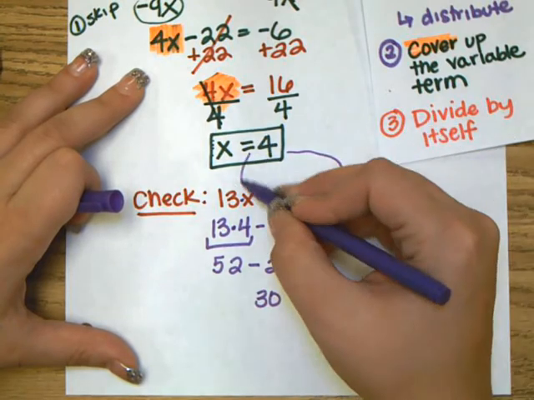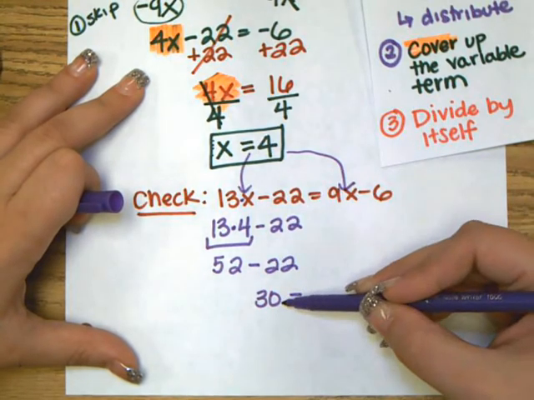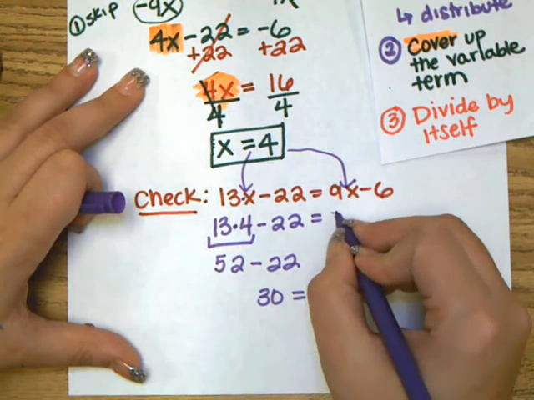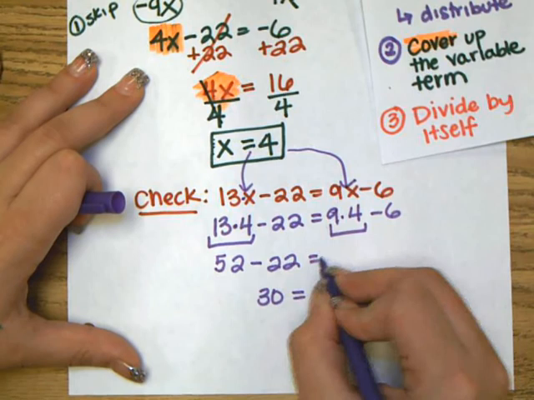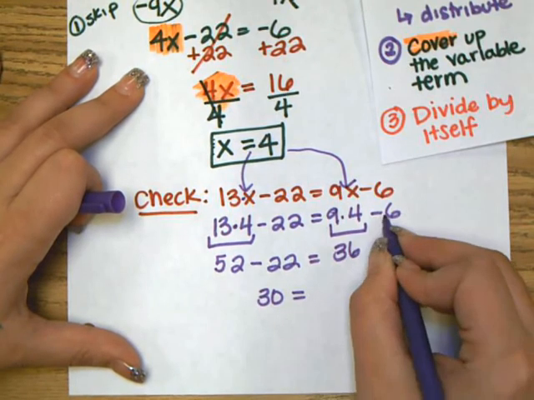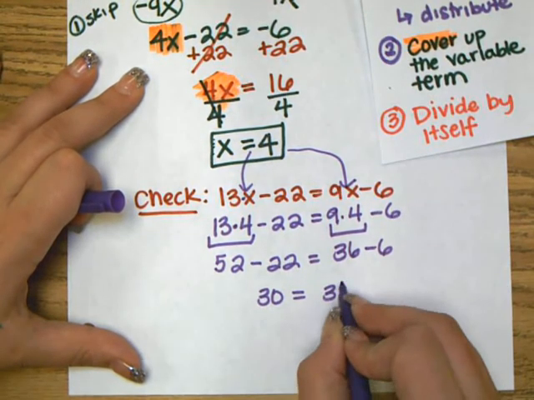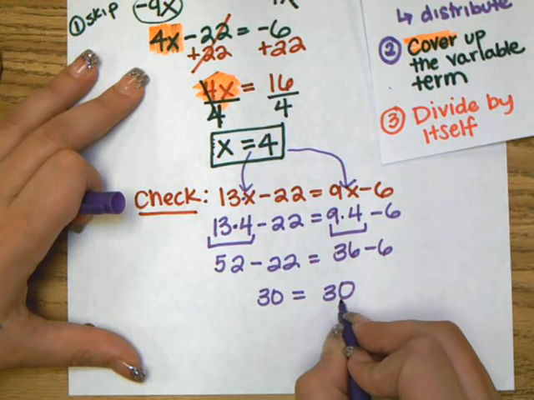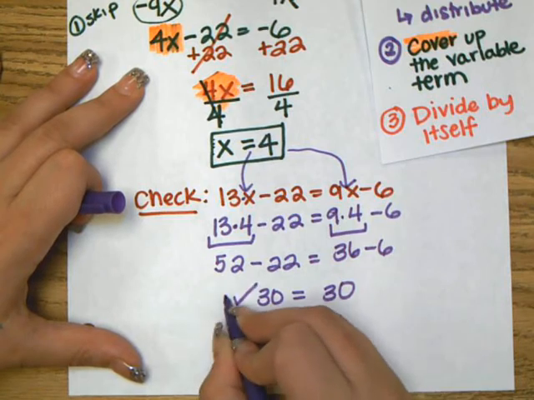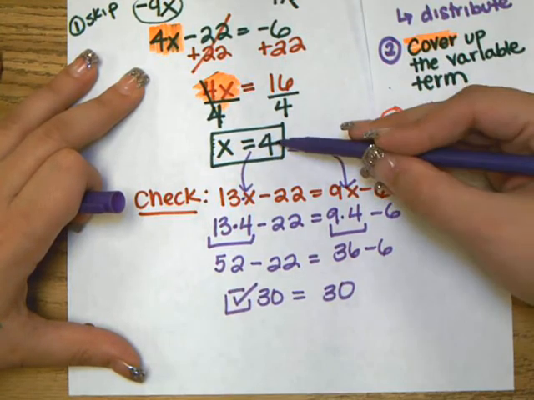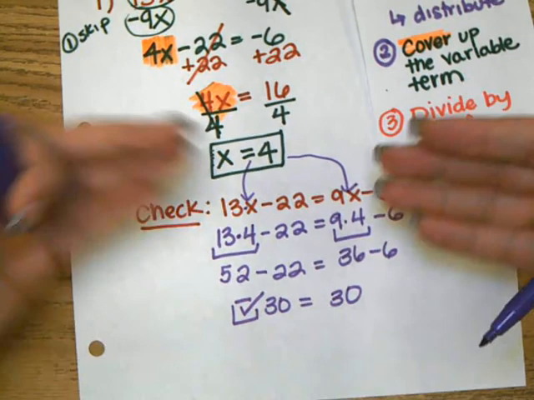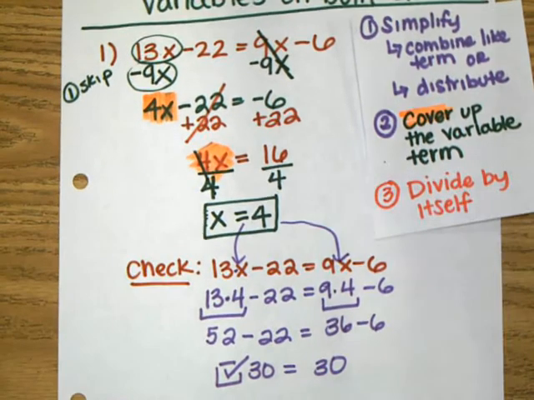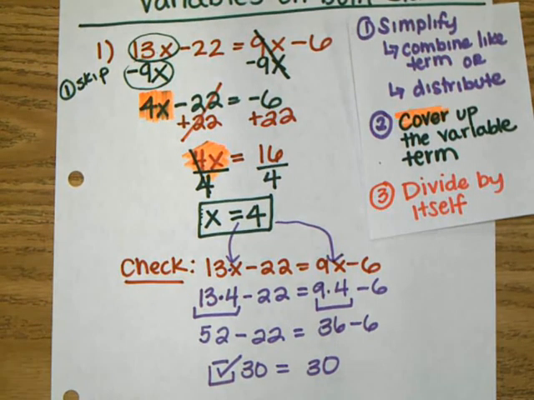If this is the right answer, when I plug it in here, it should also give me 30. So let's check. 9 times 4 is 36. Take away 6 is 30. It made the same value on both sides, so I know 4 must be the right answer. That replaces the variable and makes both sides equivalent.